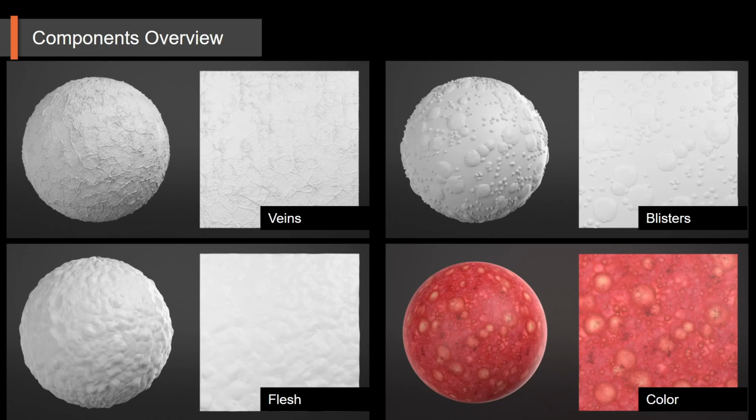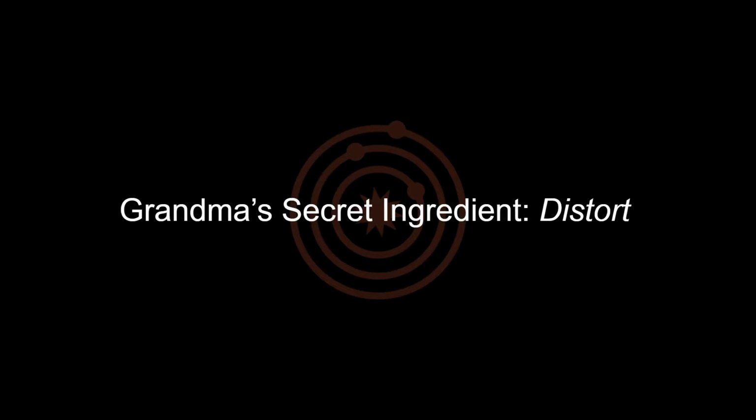So in this material, the height layer consists of 3 major parts, from veins to flesh, and I will explain each object, and then after height is done, I will explain color layer. And there's one more thing, grammar secret ingredient, Distort node.